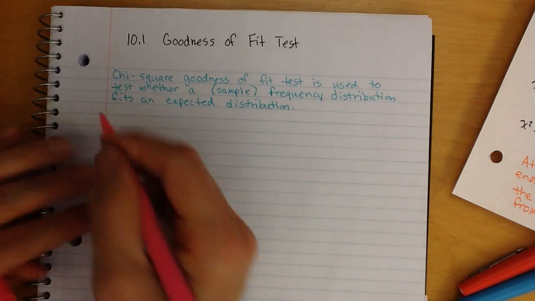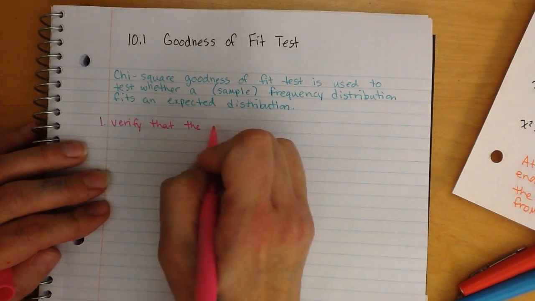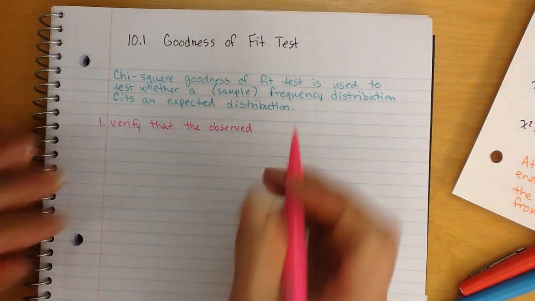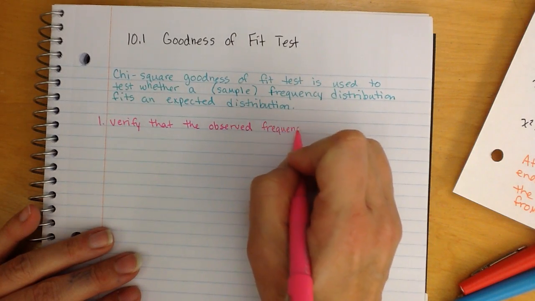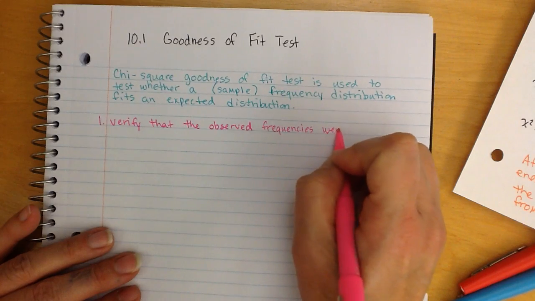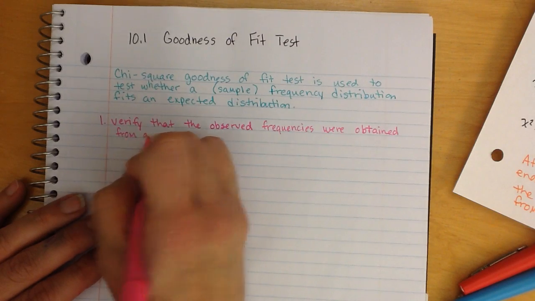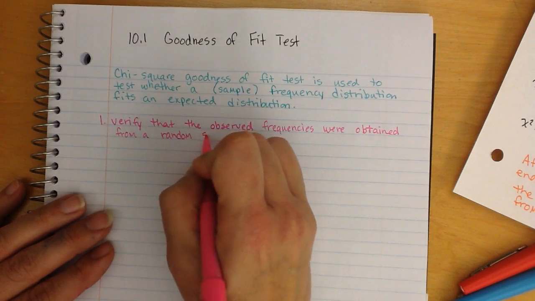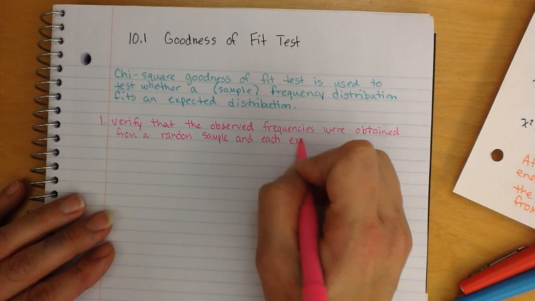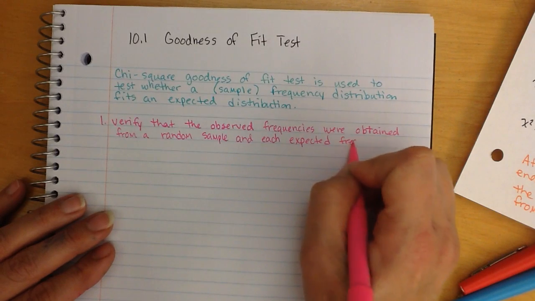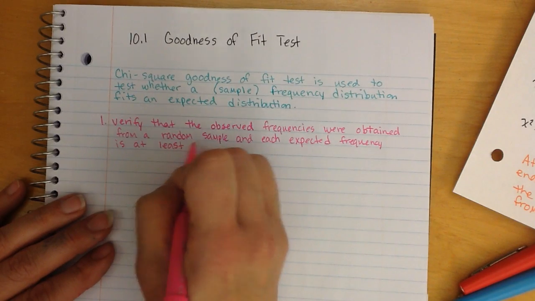So the first step is to verify that the observed frequencies, those are the ones like if you take a survey, the counts of your surveys, were obtained from a random sample and each expected frequency is at least 5.